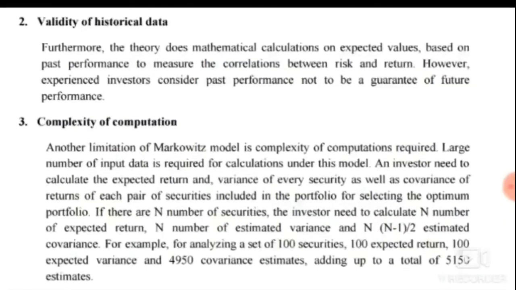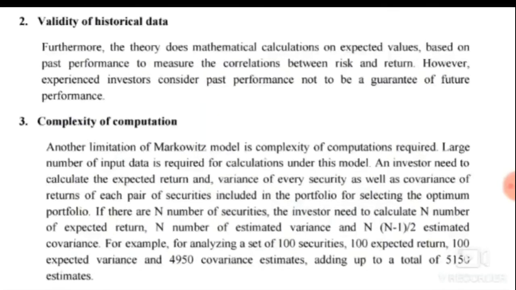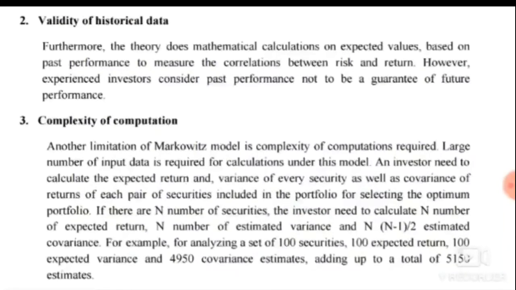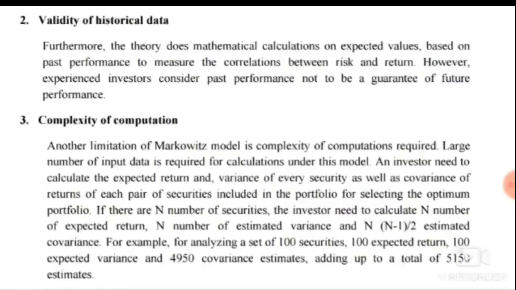If there are n securities, the investor needs to calculate n expected returns, n estimated variances, and n(n-1)/2 estimated covariances. So for 100 securities, there will be 100 returns, 100 variances, and 4950 covariances. Using quadratic programming, he will select each value, so the calculations will be complex. So that's all about the Markowitz model.